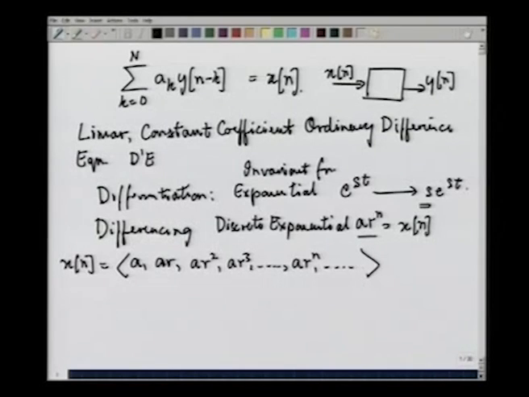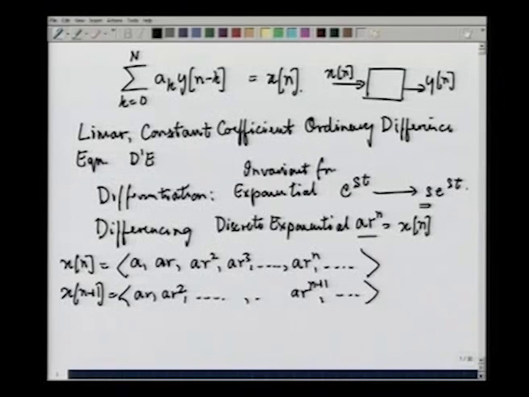This is what we would get, right. So, now let us look at x n plus 1. This would give us the sequence a r, a r squared and so on. We would get a r to the power n plus 1 and so on endlessly.